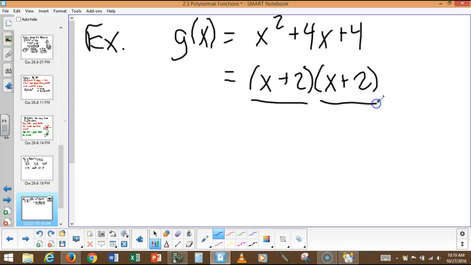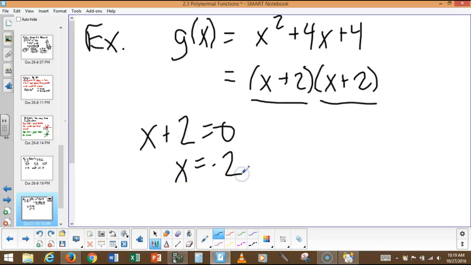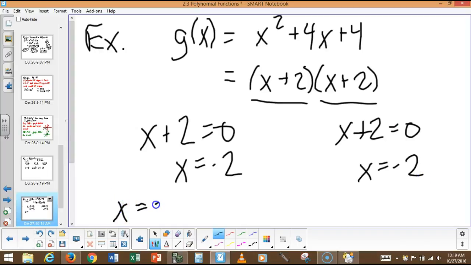We have 2 factors, set each of those equal to 0. x equals -2. x equals -2. So our zero of x equals -2 has a multiplicity of 2.